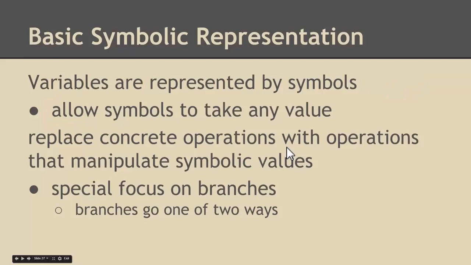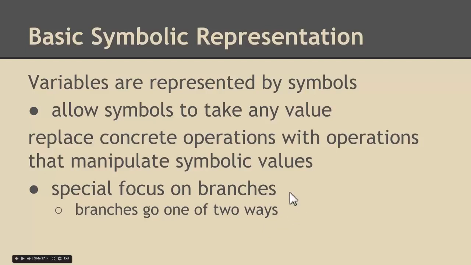So symbolic representation allows you to represent variables by symbols, and these symbols can take any value. And furthermore, you replace concrete operations with operations that just manipulate these symbolic values. X plus some constant C, or X plus some constant B.